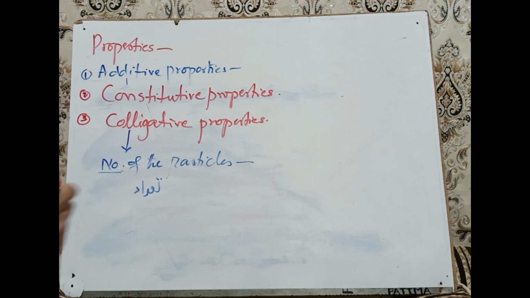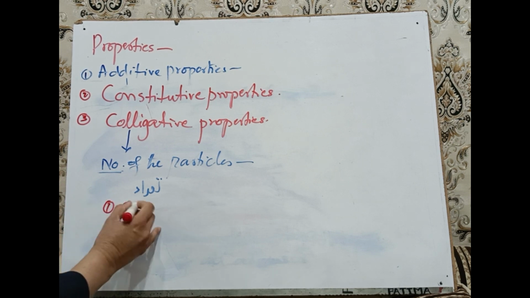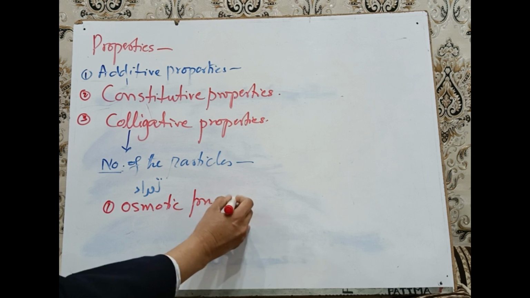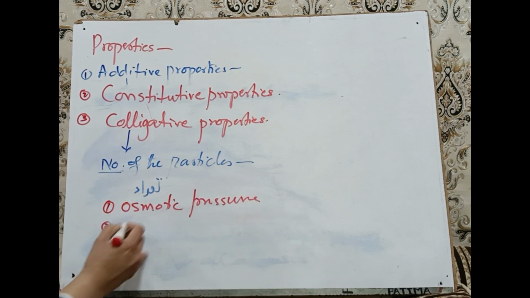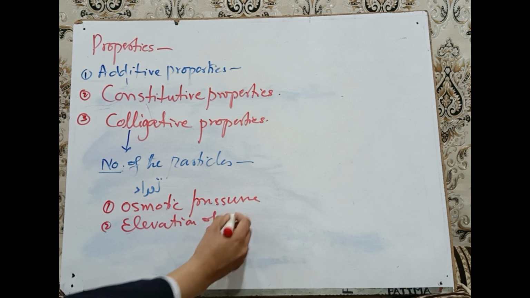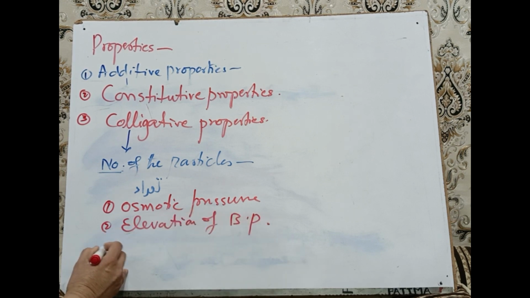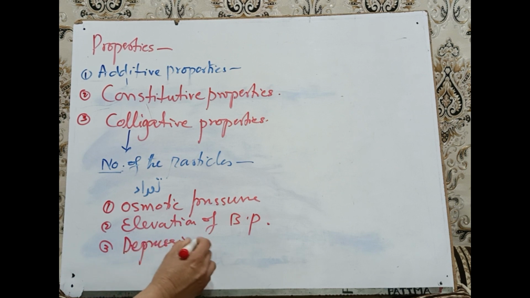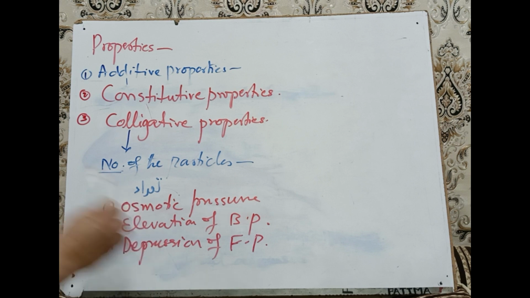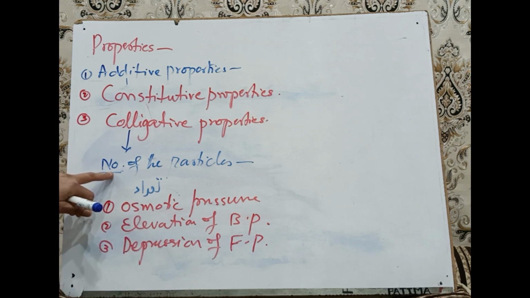For example, osmotic pressure, elevation of boiling point, depression of freezing point. ये प्रॉपर्टीज ऐसी हैं जो सिर्फ सॉल्यूट और सॉल्वेंट के पार्टिकल्स के नंबर पे डिपेंड करती हैं.